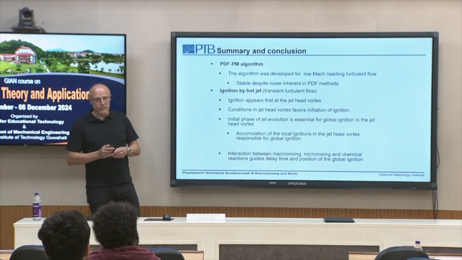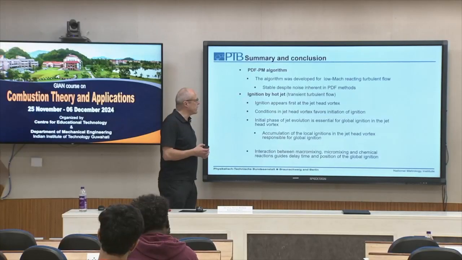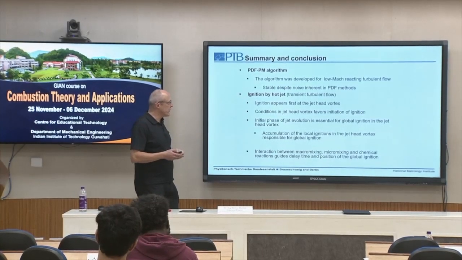So we can use a proper PDF setup here to simulate turbulent low Mach reacting flows. And for this example, we use it to examine the ignition in a premixed hot jet.